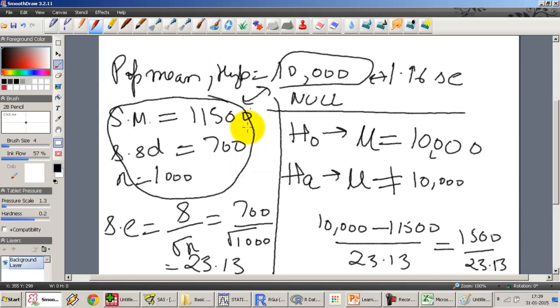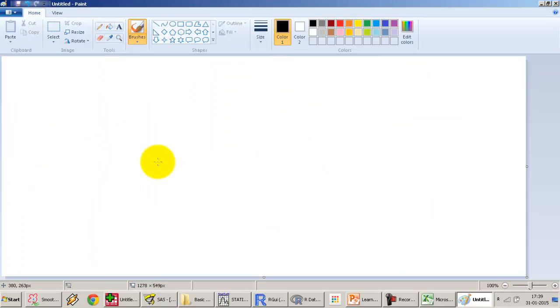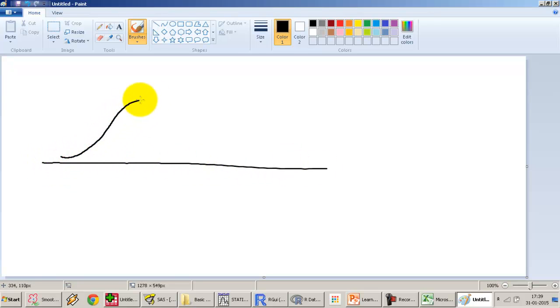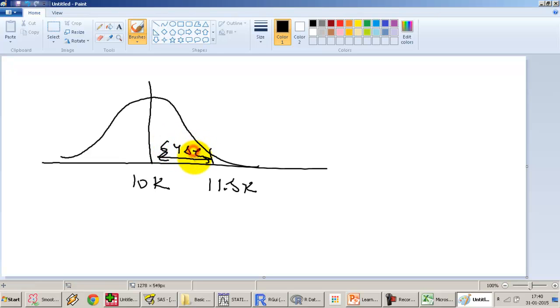Looking at this hypothesis again, it shows that in a hypothesized environment where the population mean was 10,000 and I've extracted a sample which is 11.5 thousand, the difference between these two in terms of standard errors is coming out to be 64 standard errors.